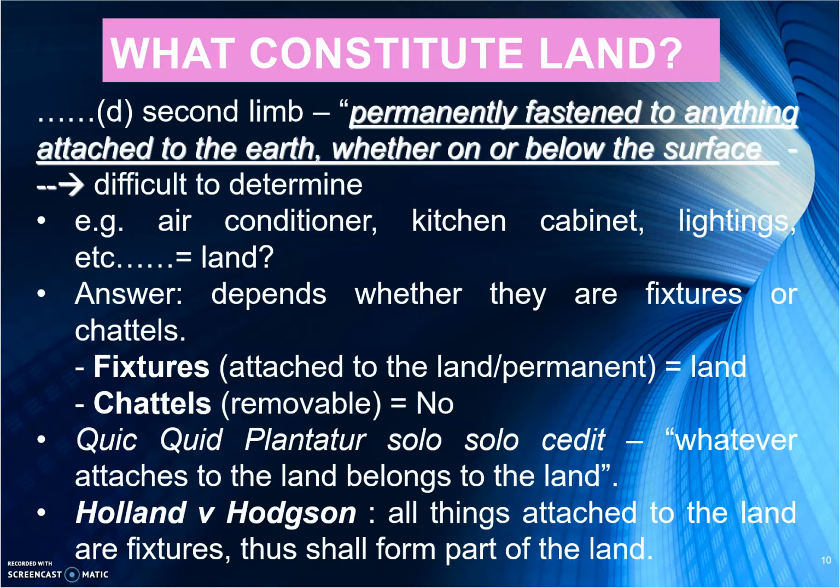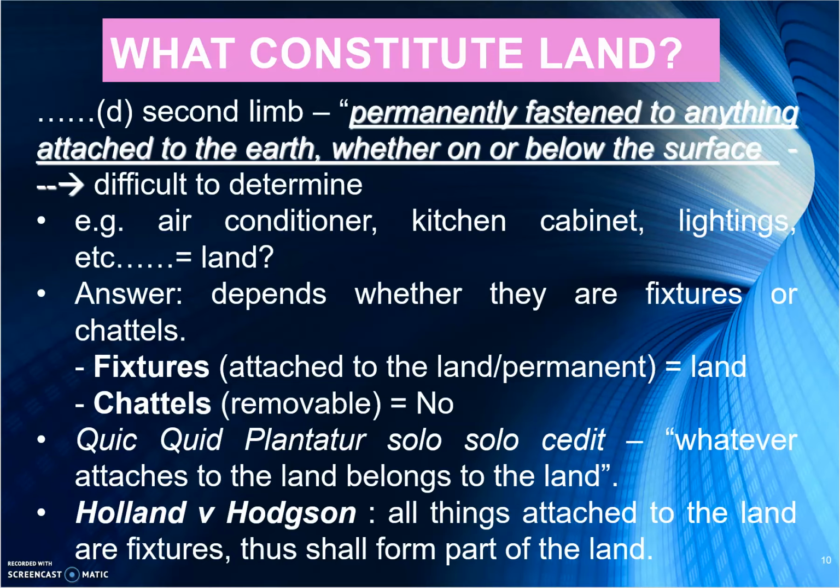So when Mr. Ahmad purchases, normally he will ask the original owner of the land questions like, do I get those air conditioners? Do I get all those kitchen cabinets? You need to ask the vendor when they sell the house to you whether some of them wanted to take out the air conditioner.